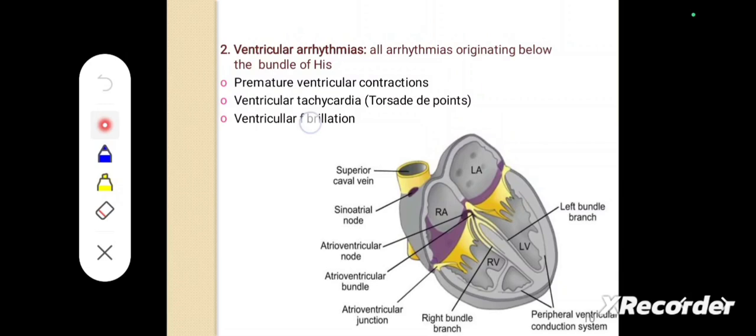And in ventricular fibrillation the heart rate is 150 to 500 per minute, rapidly increasing in a random fashion from the ectopic foci present.